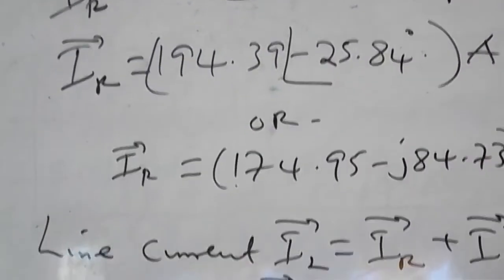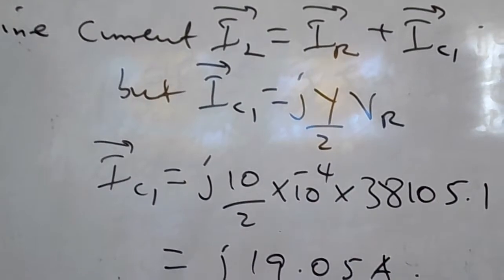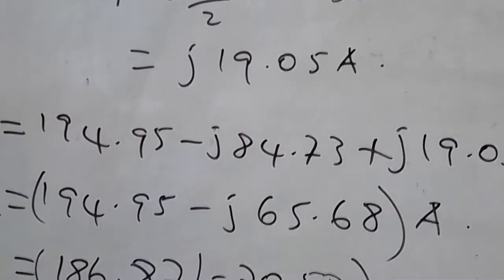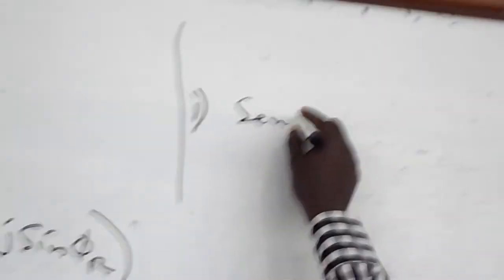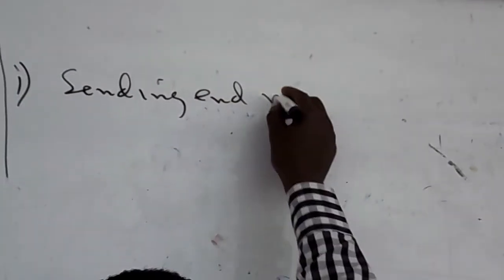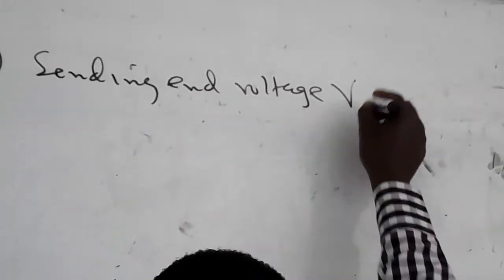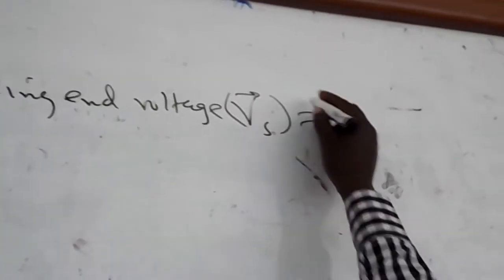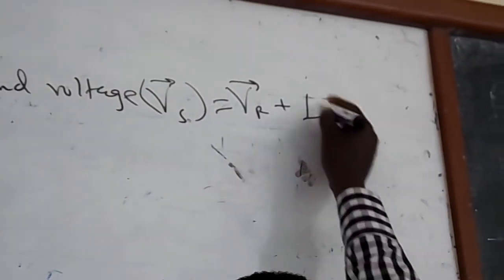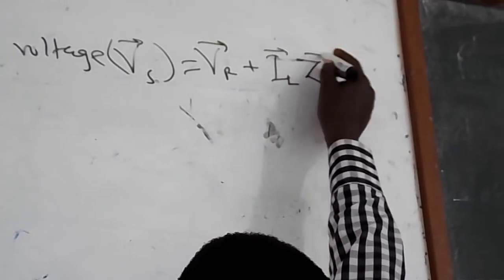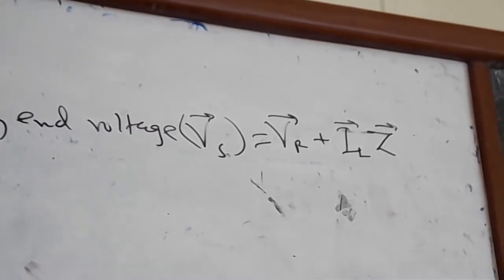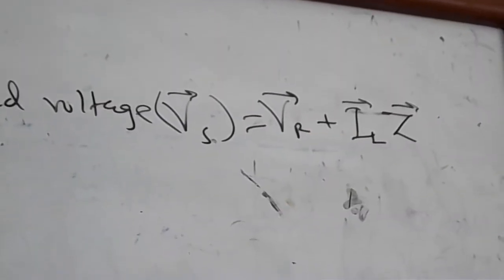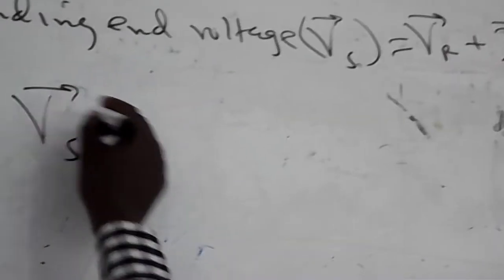From there, I can now go ahead and start answering the first question, which talks about the sending end voltage. Sending end voltage Vs is equal to Vr plus IL Z. Remember, we had seen this equation in our first lesson on the nominal pi method. So Vs is equal to Vr.